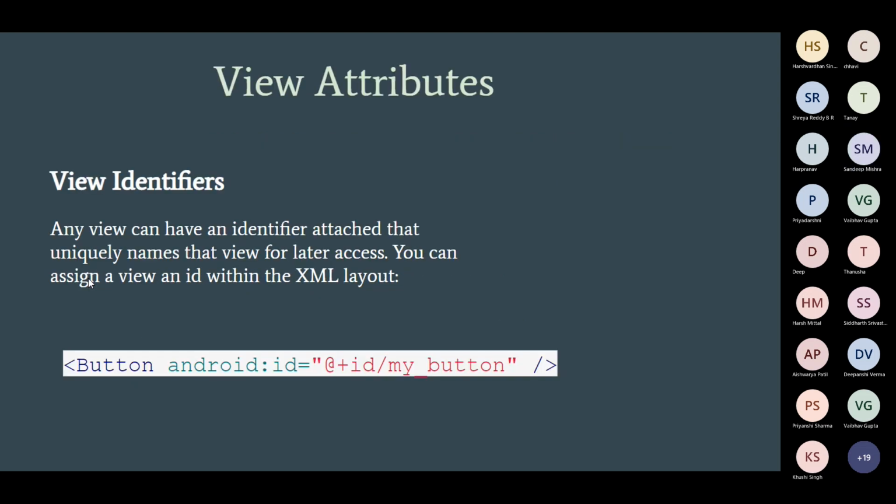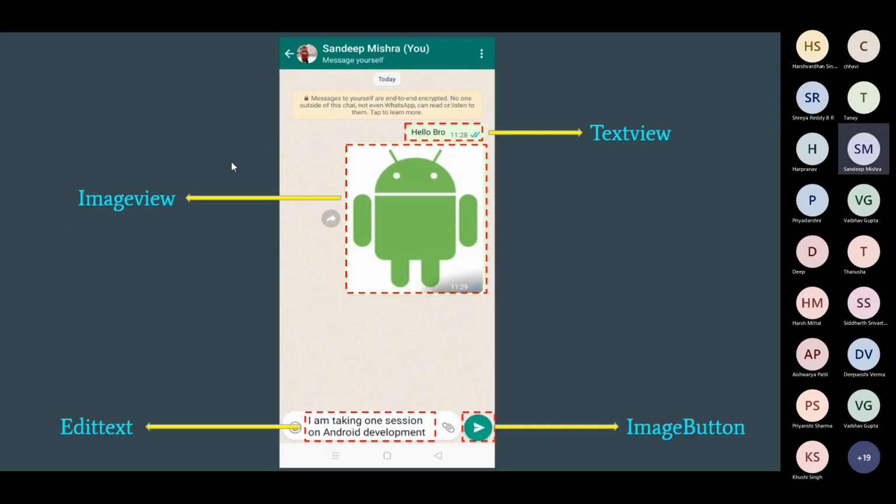After that, there is an option called match parent, which you can see in this orange background. This orange background, which is behind this image view and text view, is also a view group. It is the background view, which has an orange color, and it is taking the complete screen. So match parent just takes the complete screen.